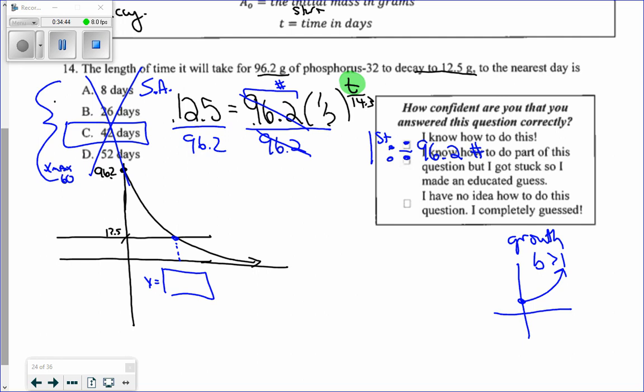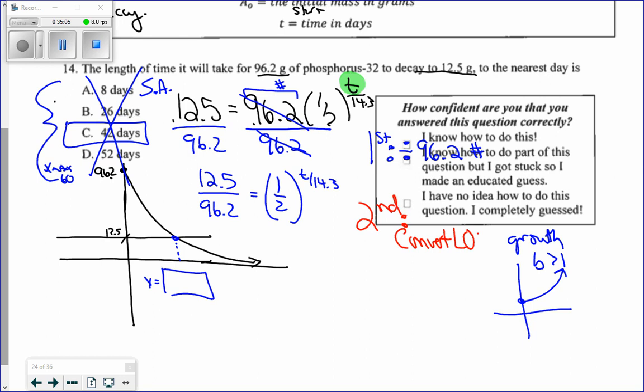Now, don't worry about how messy this thing looks. Just leave it alone. Don't worry about it. Just leave it be. So the second thing you're now going to do, and this is the algebra piece, we're going to convert to a logarithm.